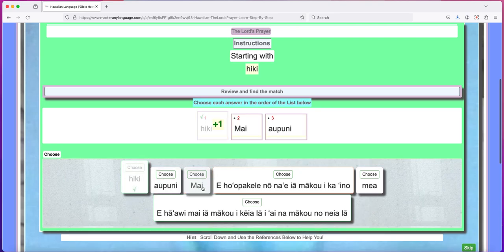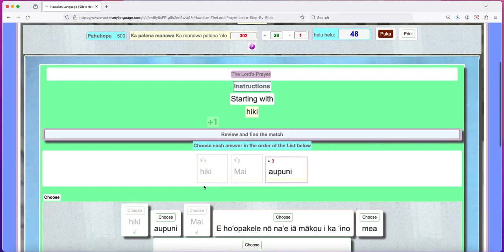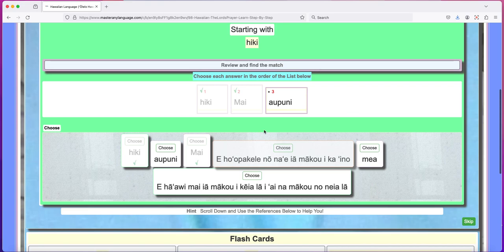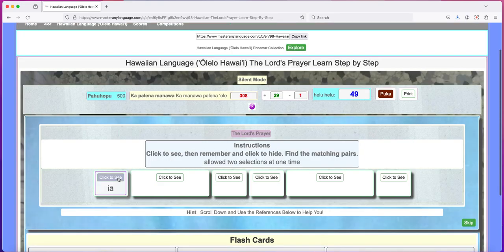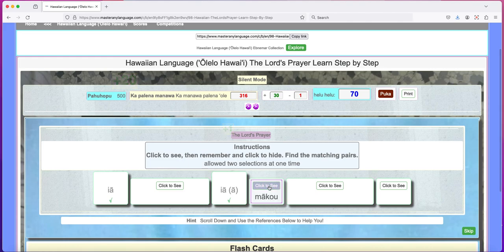Hiki. We're going to finish soon. I'm just going to go through one by one. Aupuni. Ya. It looks the same. Long A. Mako.